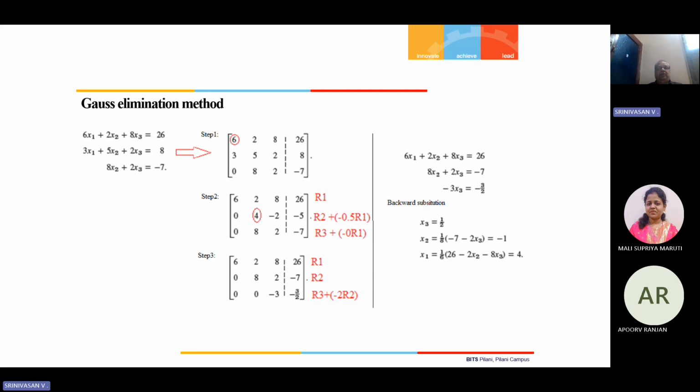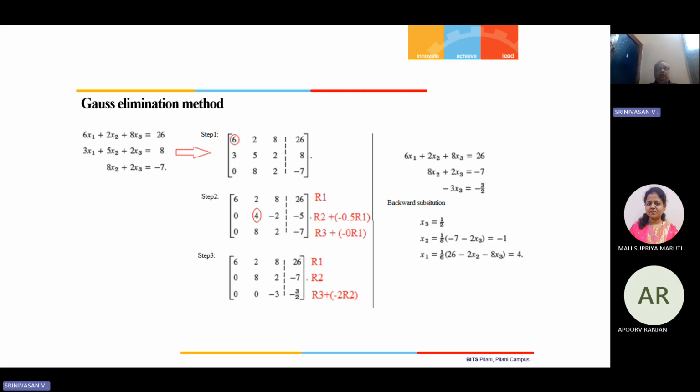Now take the augmented matrix. Matrix of coefficients, column vector 6, 2, 8, 3, 5, 2, 0, 8, 2. That's important. So the first column, coefficients of x1 are 6, 3, 0. Second column, coefficients of x2, 2, 5, 8. And third column, coefficients of x3, 8, 2, 2. The constant column vector 26, 8, -7.